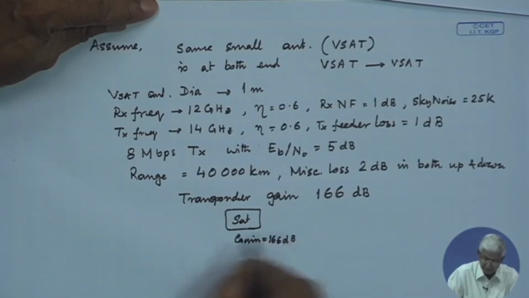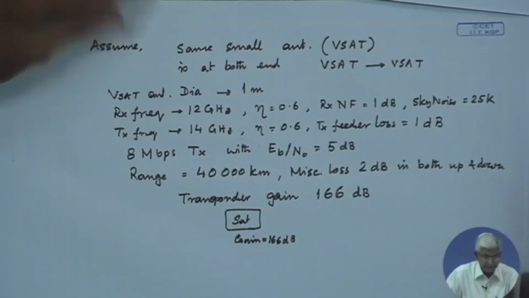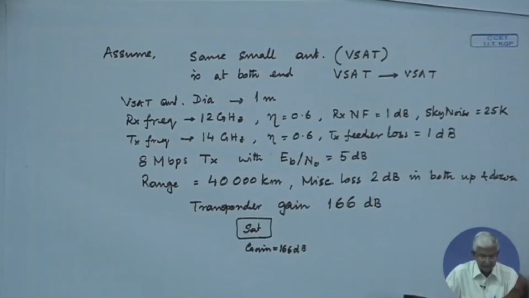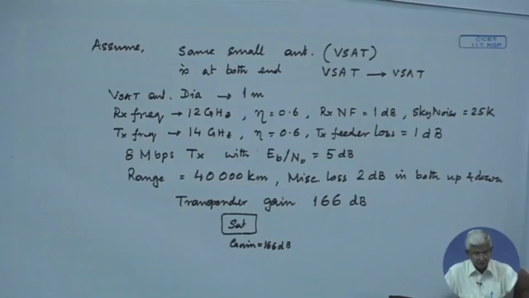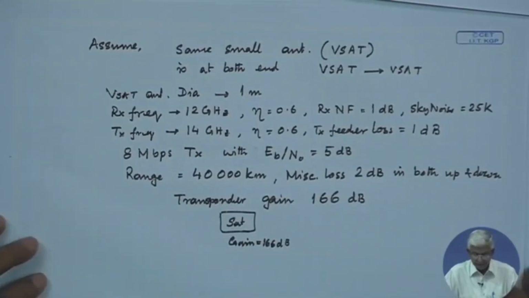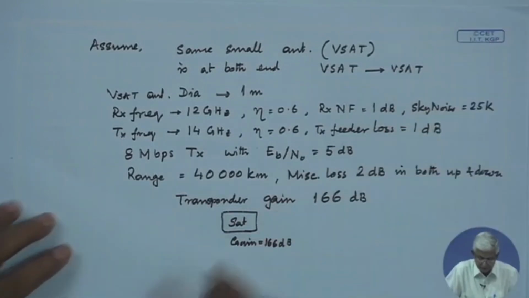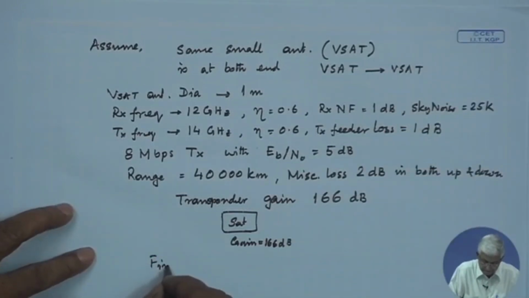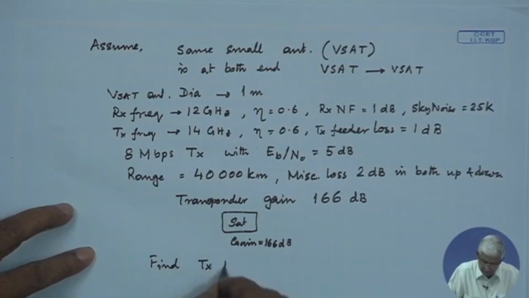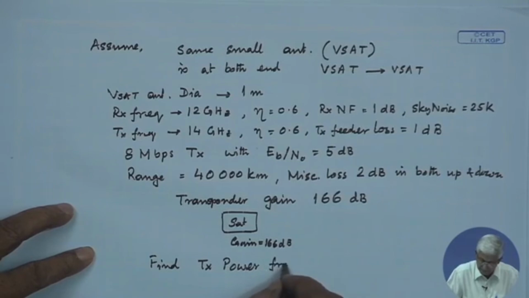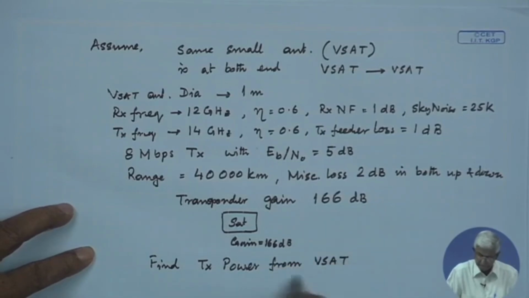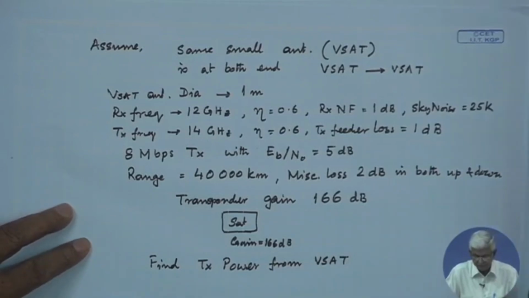That includes the gain of the satellite antennas also. Okay. So, with this number, let us calculate the power requirement: find the transmit power from the VSAT, the transmit power amplifier output, let us say.